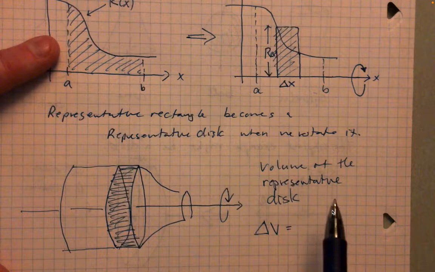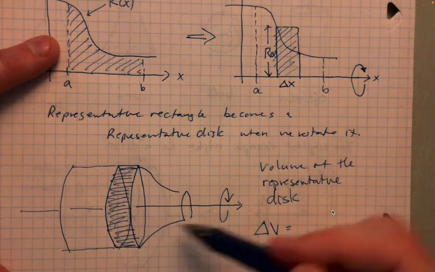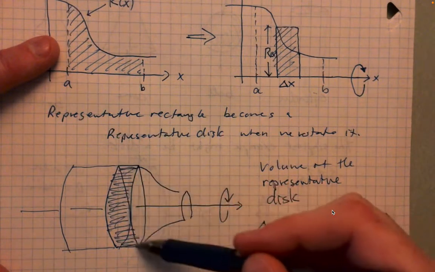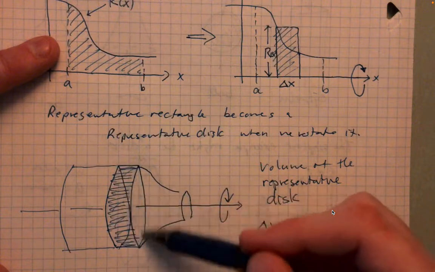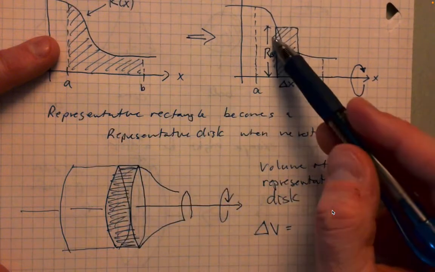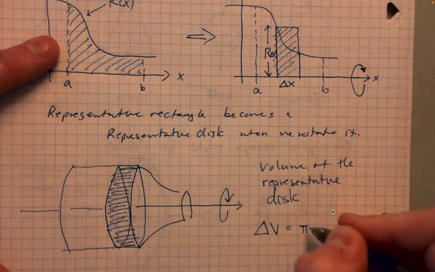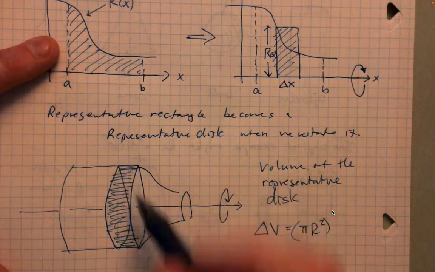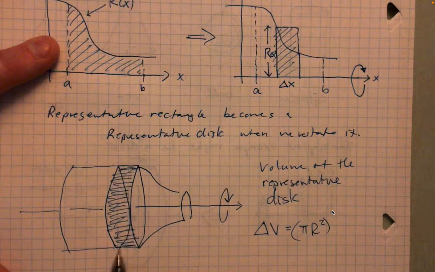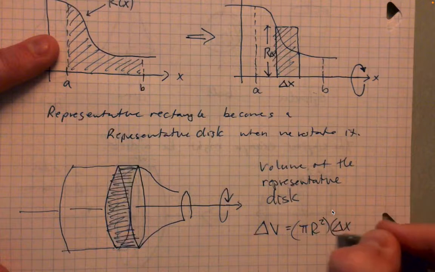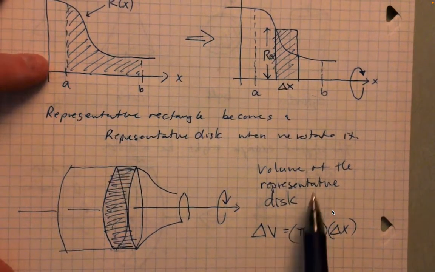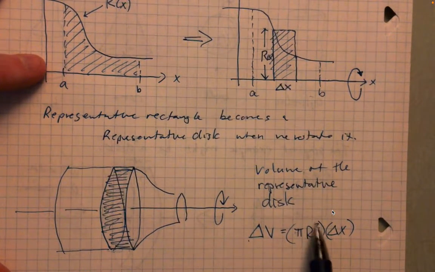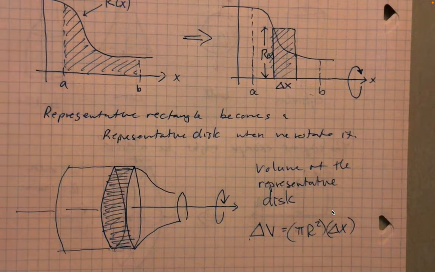You can think of it as the area of the circle that's swept out, which has radius r, right? So it's going to have pi r squared in it. That's going to be the area of one piece of this, and then times the width, right? Well, in this case, it's delta x, right? So the representative disk will have a volume of pi r squared times delta x. Okay?